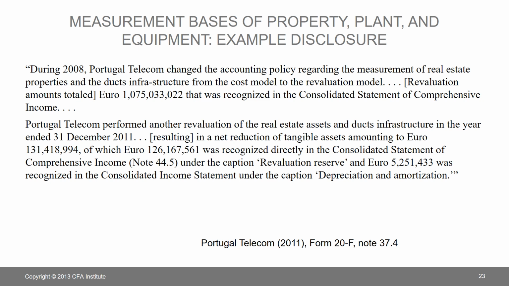In the current year 2011, the revaluation resulted in a net reduction of 131 million euros, of which 126 million was recognized as comprehensive income and 5 million was recognized on the income statement as part of depreciation and amortization.